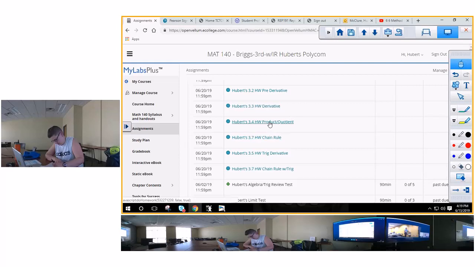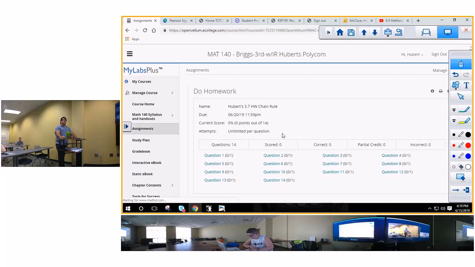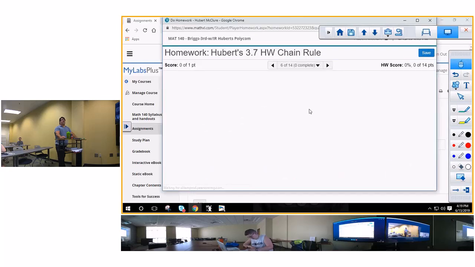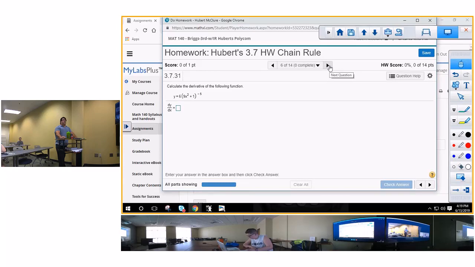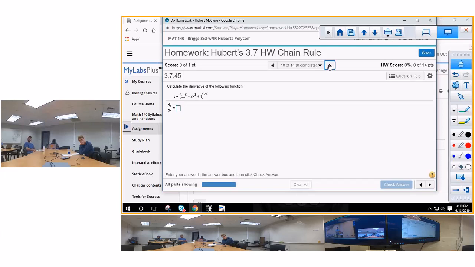Right here. Chain rule or product rule? Chain rule does product rule in it, right? Well, it depends on the problem. Let me find one. That's just chain rule. Wait a minute, that's quotient.